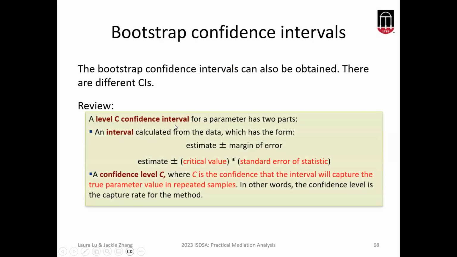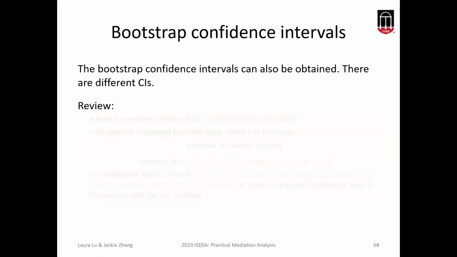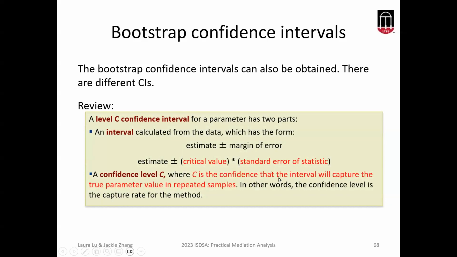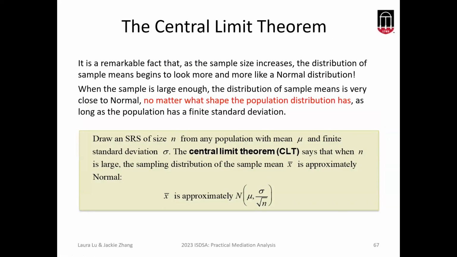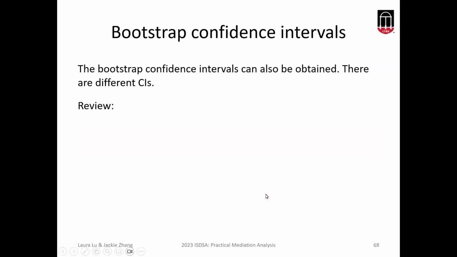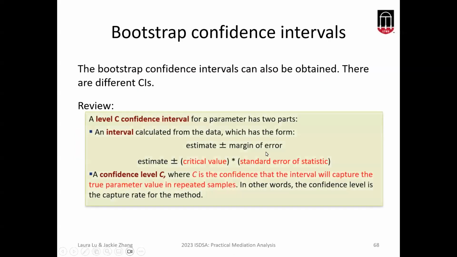By using that theory, we can get the standard error of the estimate. Based on this, we can construct the margin of error: the critical value times the standard error of that specific statistic.